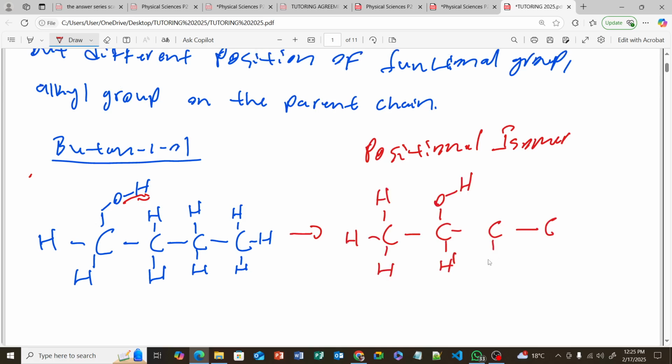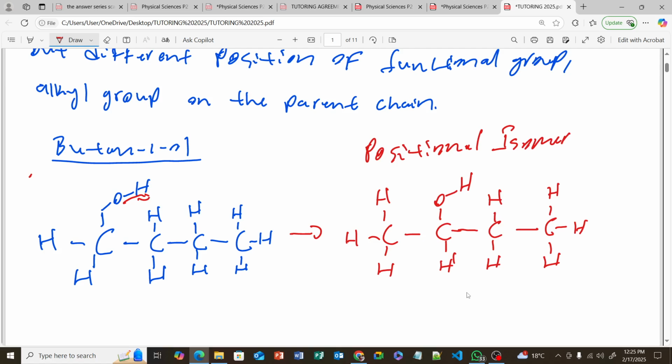Even if I could have moved it to this carbon that I'm busy with now, the OH will still be at position number 2, but numbering from the right hand side. So this is the only alternative. So this is another positional isomer to that one.